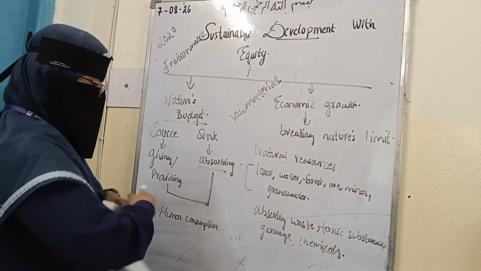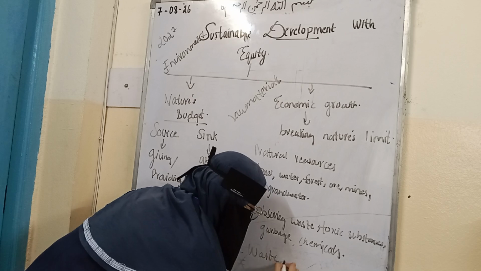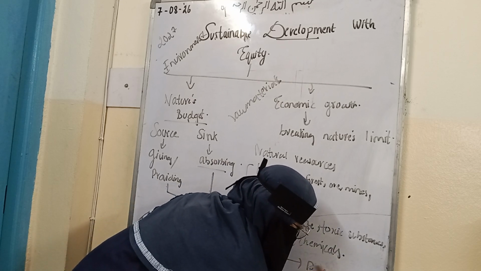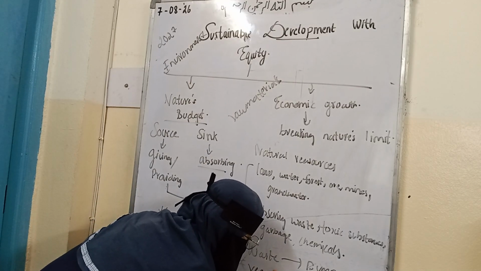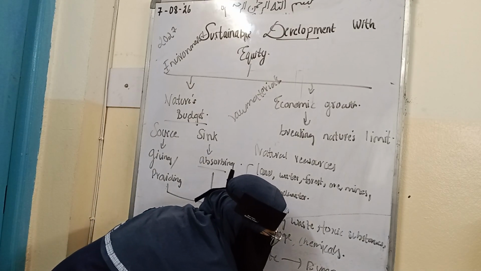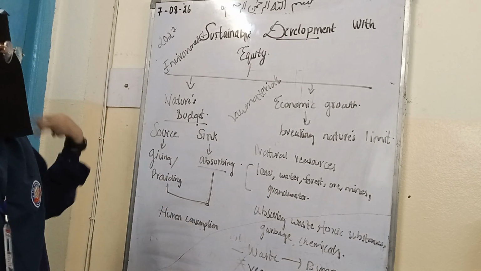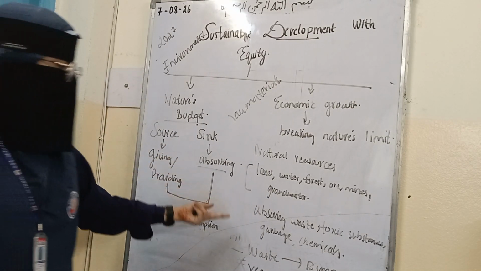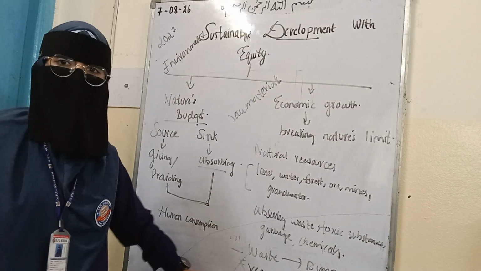We are dumping waste faster than it can recover. Waste is dumped and recovery is very low. In itself it is recovering, but it cannot recover from how much we are throwing.